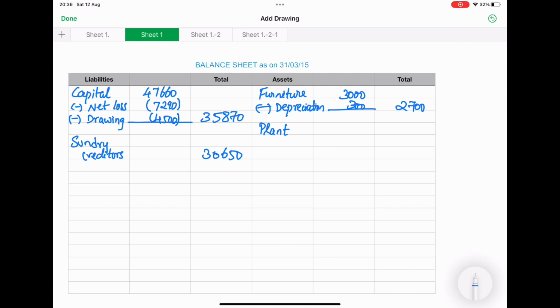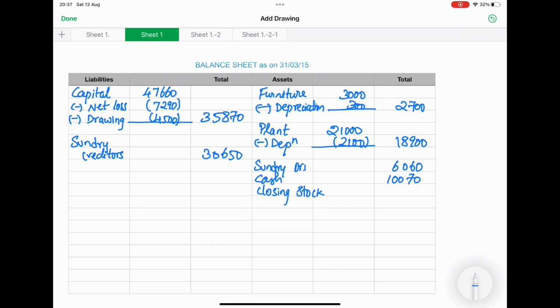Total will be 21,000 minus depreciation 2,100, 18,900 total. Next we have sundry debtors. Sundry debtors total, we don't have any bad debt, so we can write it directly, 6,060. Next, cash, they have given cash 10,070. Lastly, we have to mention closing stock.